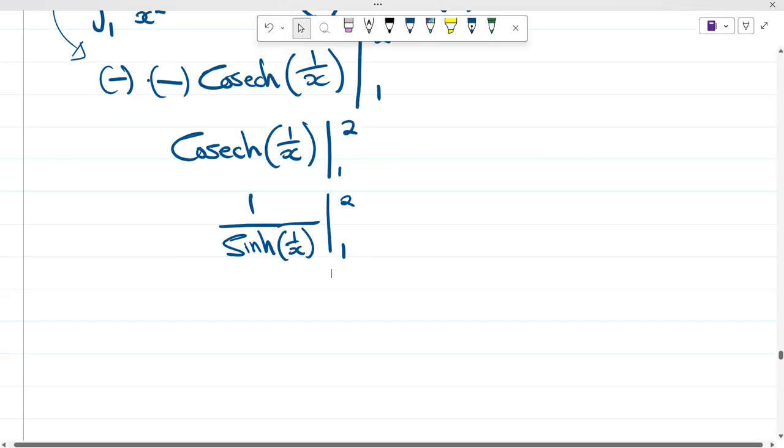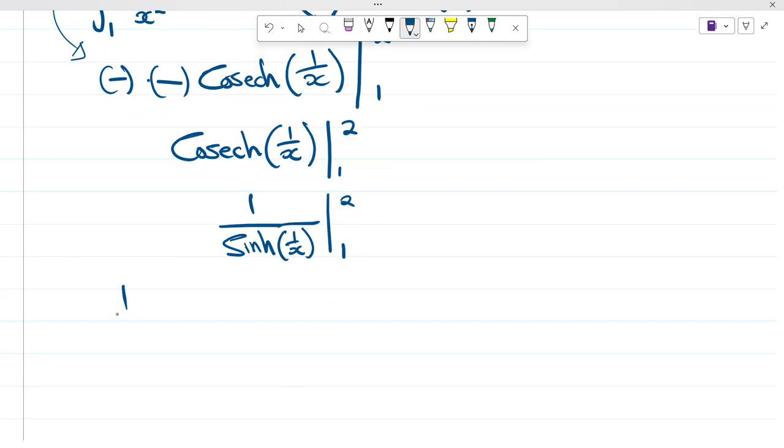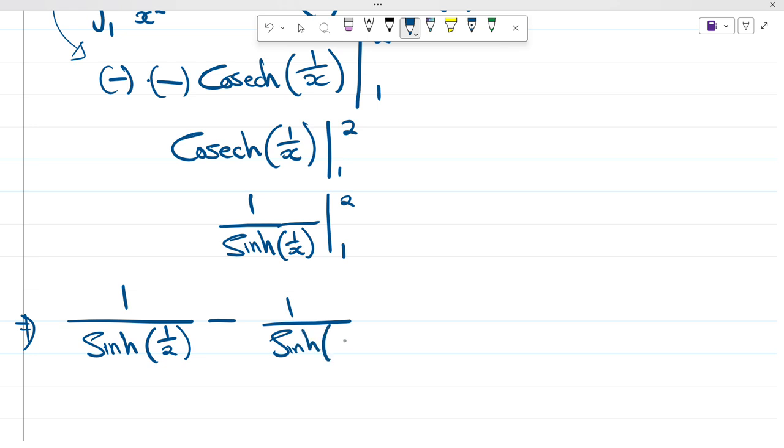Then from there we substitute the limit. So it's going to be 1 over hyperbolic sine of 1 over 2, we start with the upper limit, minus 1 over hyperbolic sine of 1 over 1.